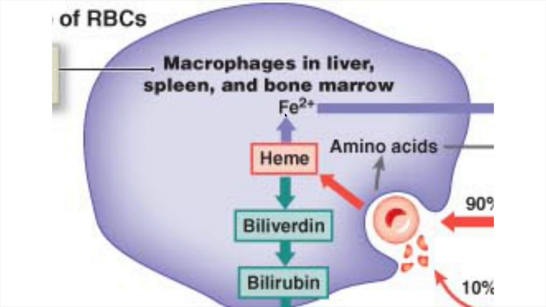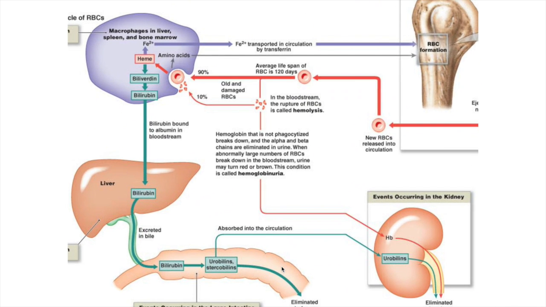First, the iron from the heme, the iron is sent to the bone marrow to produce more hemoglobin. And then the heme part is converted into bilirubin, which is converted to urobilin and stercobilins. And that will be excreted in the feces and in the urine. So they don't last very long, but we take their parts and recycle them and reuse them to make new red blood cells.